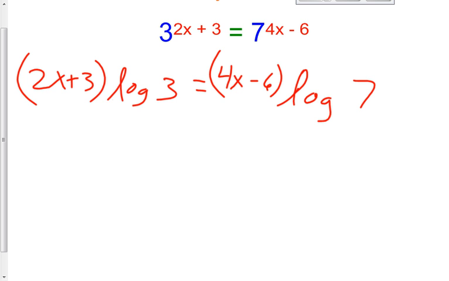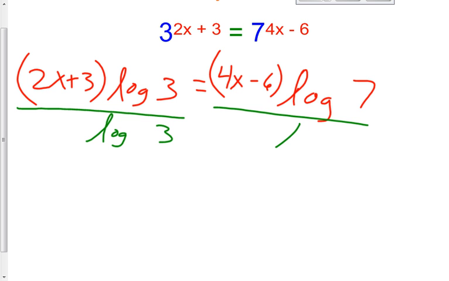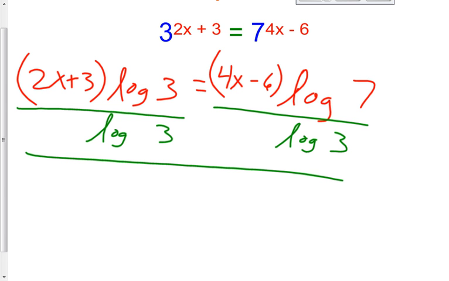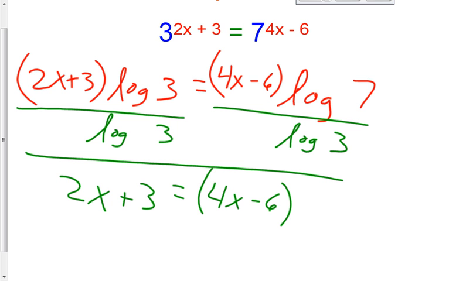So now what we're going to do is we're going to divide both sides by log 3. Because if we divide both sides by log 3, then on the left, all we have left is 2x plus 3. And on the right, we have 4x minus 6 multiplied by the log of 7 divided by the log of 3. So we're going to do that in our calculator.